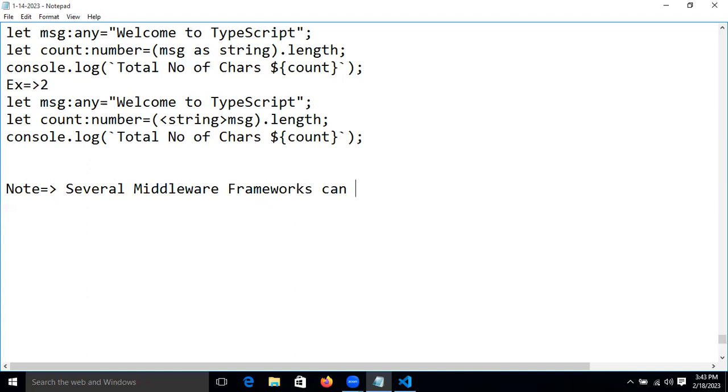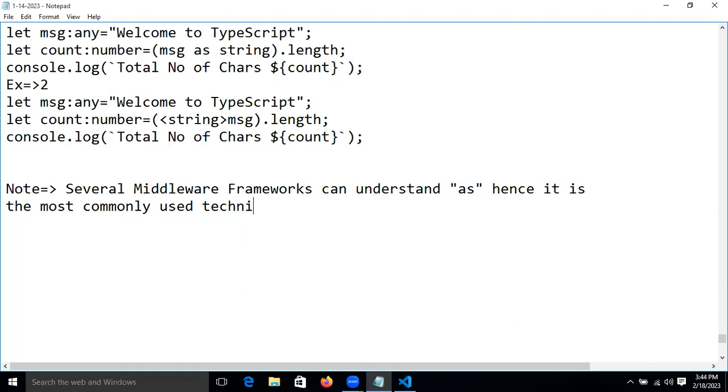Frameworks can be understood as... hence it is the most commonly used techniques for type assertion.